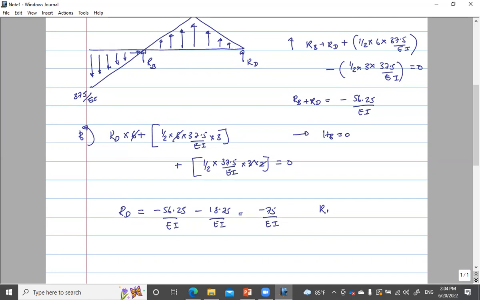So RB is equal to 25 EI. This is minus, so minus will become plus. So 18.75.